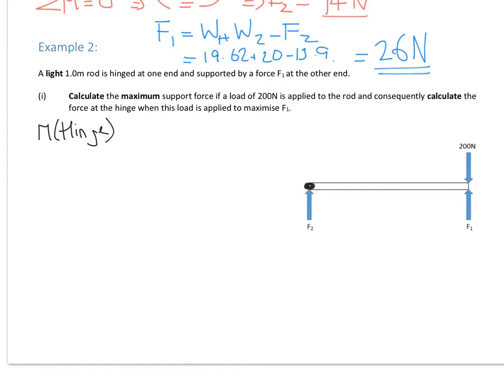Since we don't know any of the forces at the hinge, it makes sense to take moments about there, so we can multiply them by 0 in all our calculations. In terms of maximising F1, if we remember that the moment is the force times the distance, so we want to place the 200 as far as possible from the pivot to maximise F1, so that's why we've placed it there.